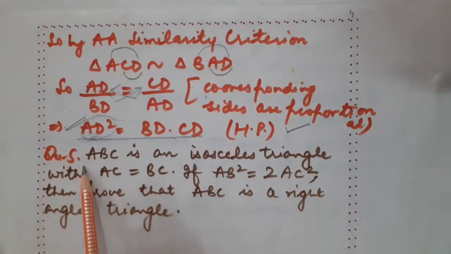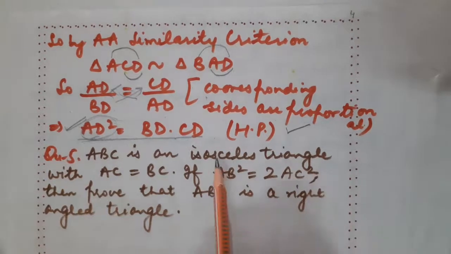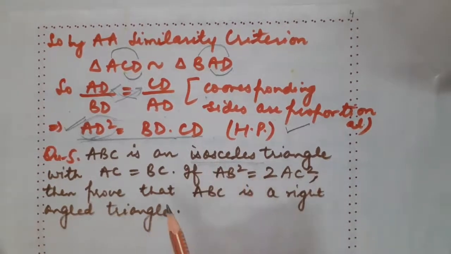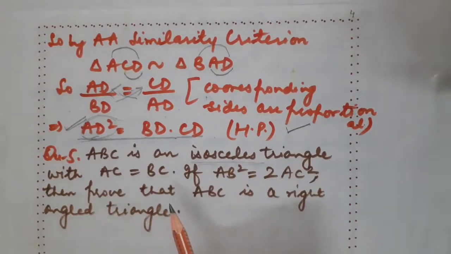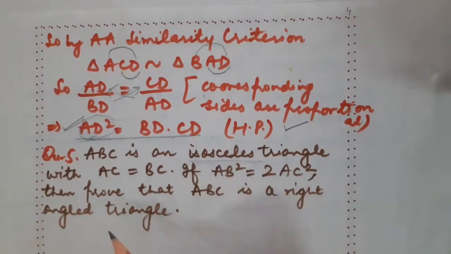This is question number 5. ABC is an isosceles triangle. What is an isosceles triangle? An isosceles triangle is that triangle in which two sides are equal in length and the third one will be unequal to them, with AC is equal to BC.